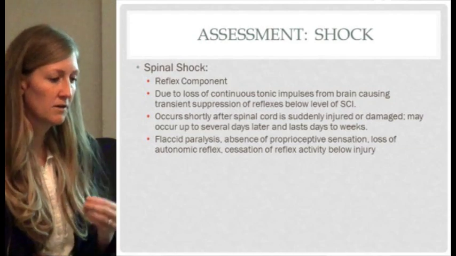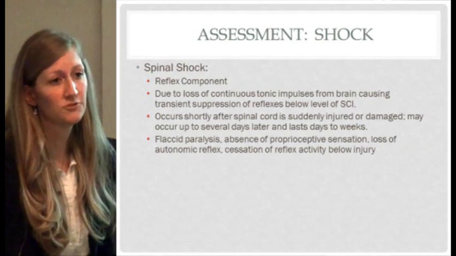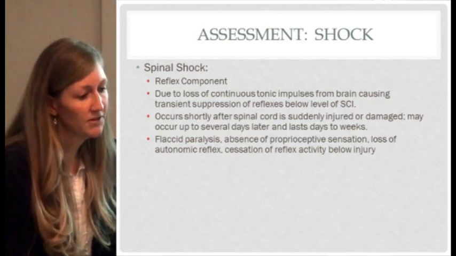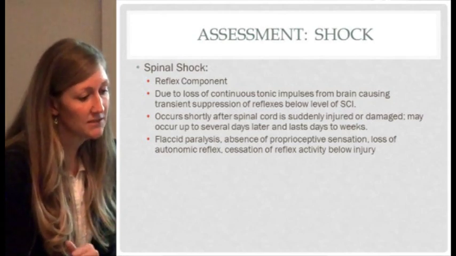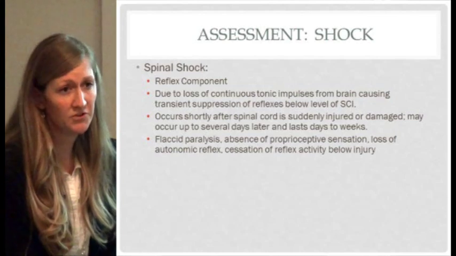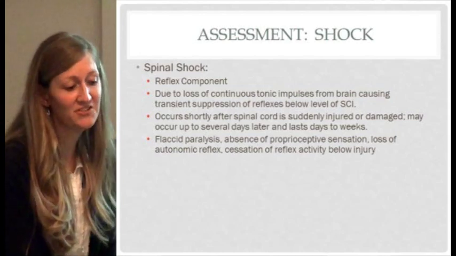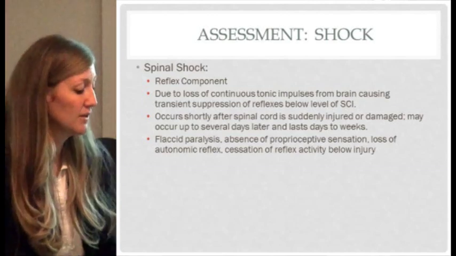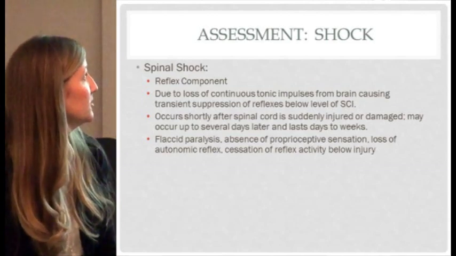So it can occur in the least of the injuries all the way up to the most severe of injuries. And you can see flaccid paralysis, an absence of the proprioceptive sensation, and loss of autonomic reflexes and sensation of the reflex activity below the level of the injury.